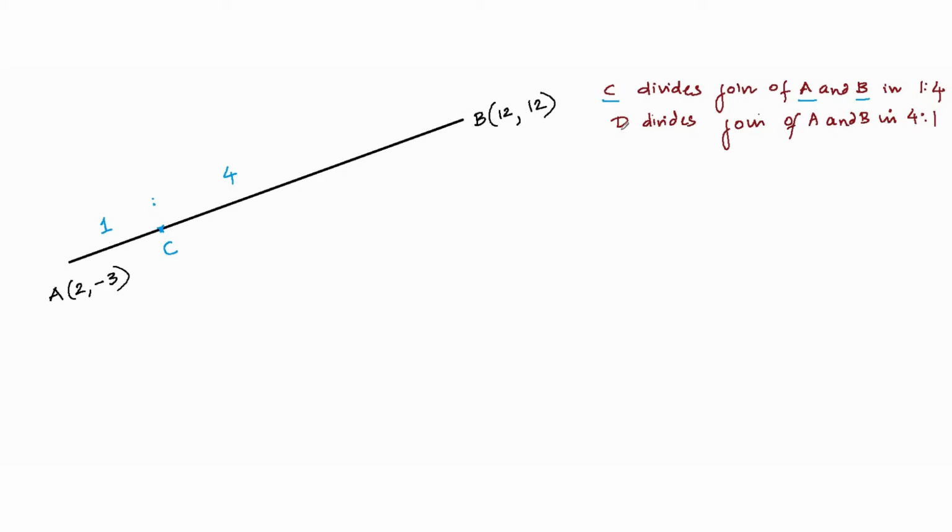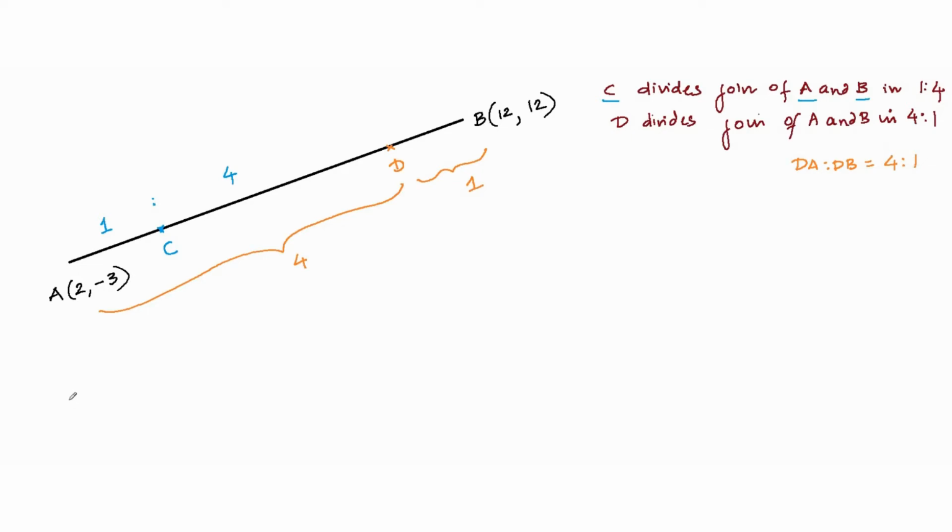That means the distance of D and A, that is DA, is to the distance between D and B, DB, is equal to 4:1, and therefore the point D is way closer to the point B. That means if I consider this is D, then this particular ratio is 4:1, right? So this is how I can draw the diagram for this particular question.